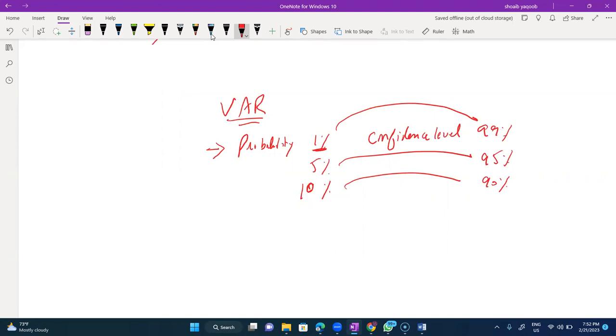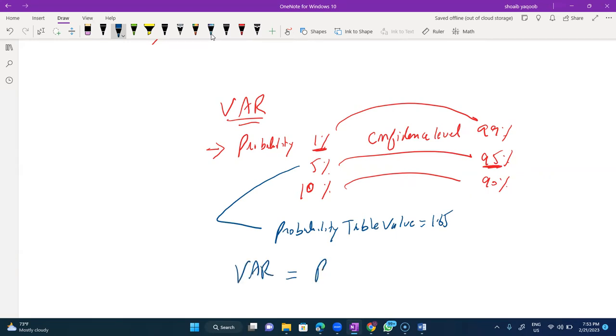Okay. At 5%, let me explain it. If probability is 5%, the table value is 1.65. So how to calculate the value at risk?